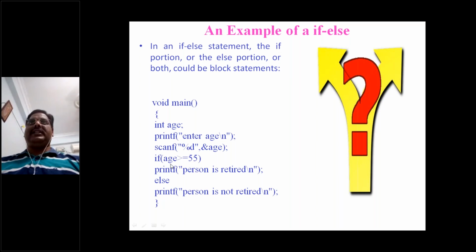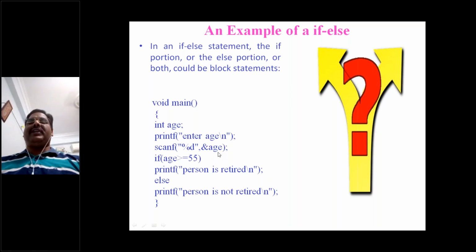So let us say that the age is 60. The age is a variable holding the value 60 now. So it comes to the if else block. What does it say? If age is greater than or equal to 55, is 60 greater than or equal to 55? True. Then immediately it will print person is retired.